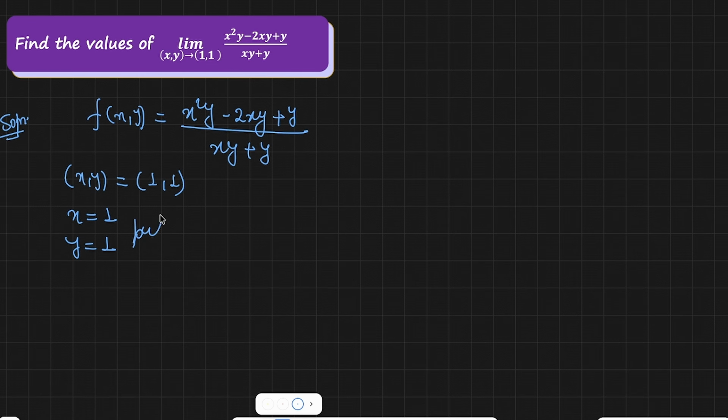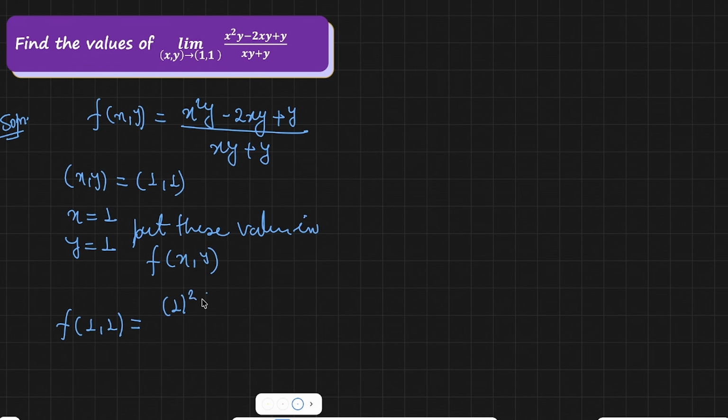So you put these values in f of x comma y. It means you have to find the value of f of 1 comma 1. So put x equals 1: 1 square into 1 minus 2 into 1 into 1 plus 1, divided by 1 into 1 plus 1.